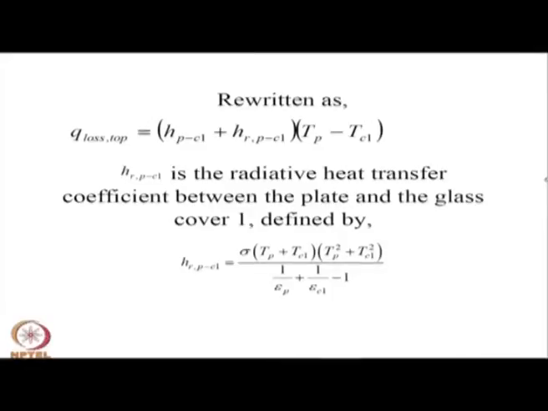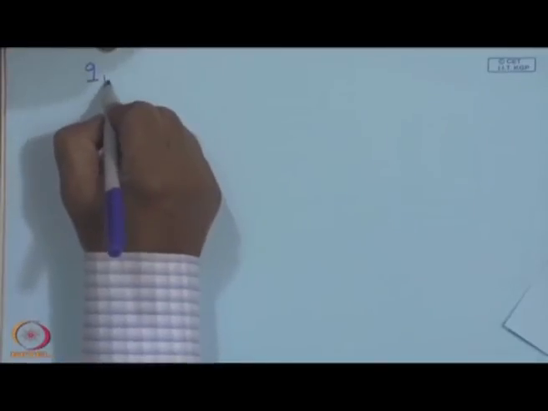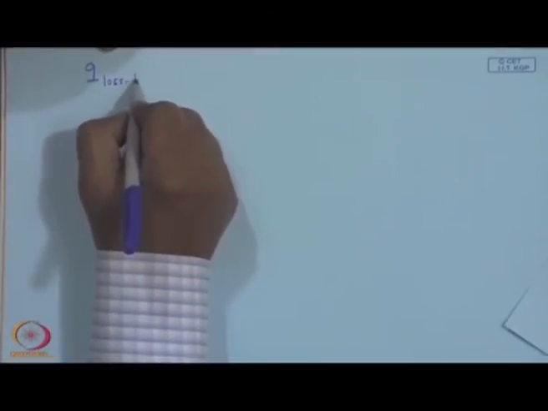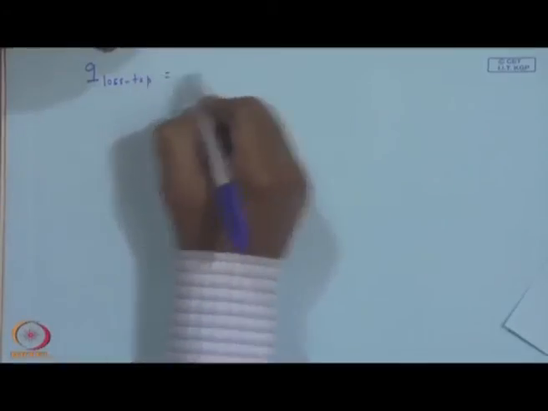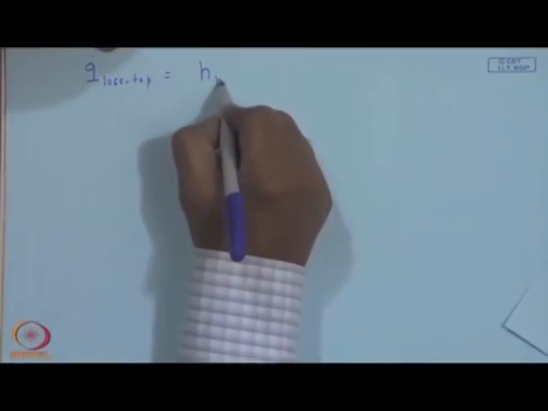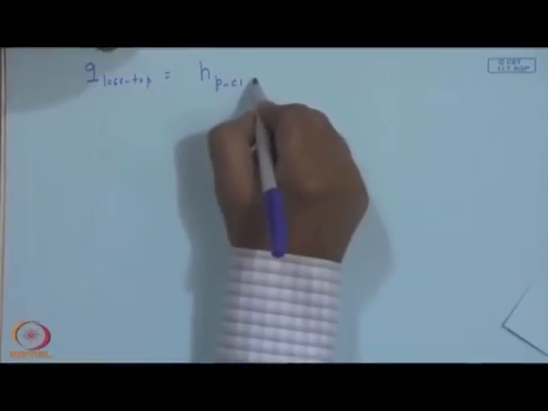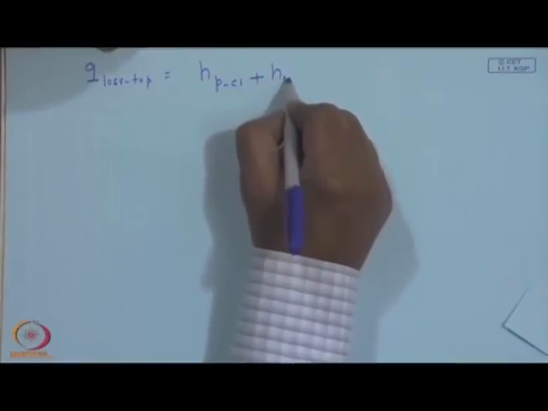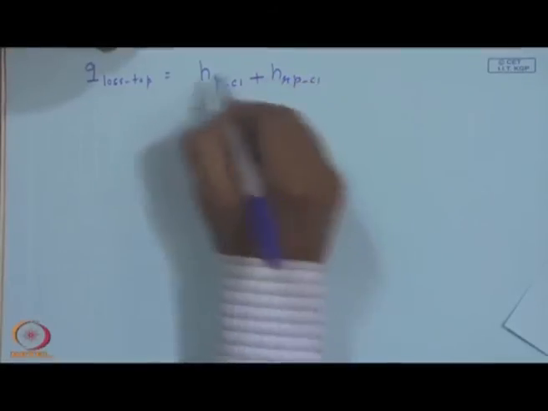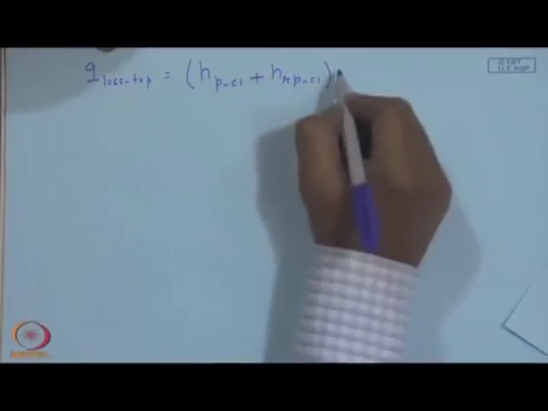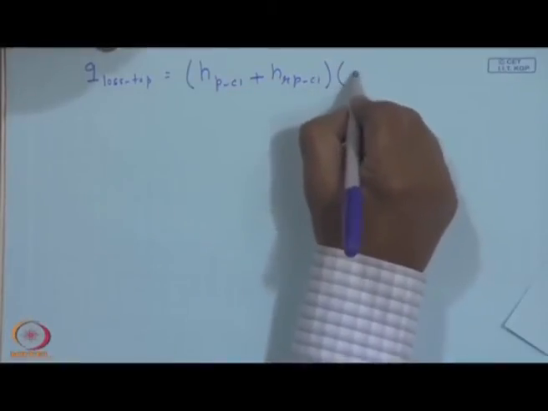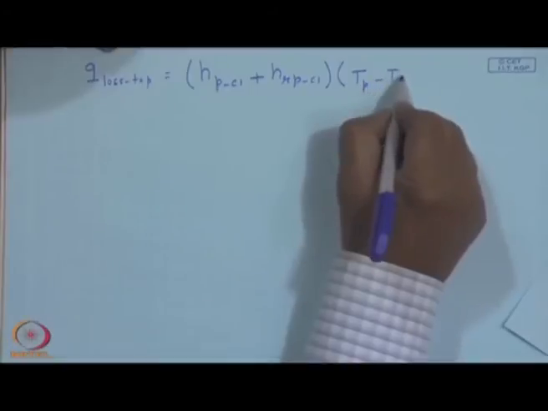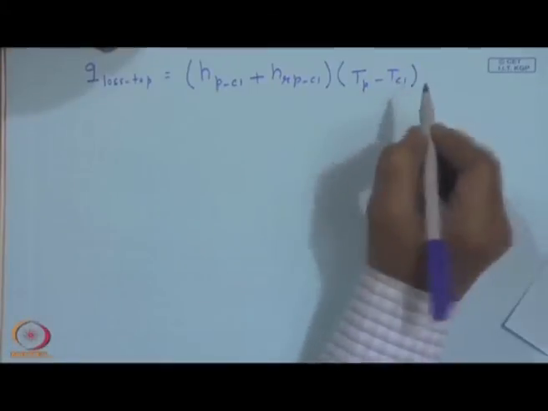So, this can be rewritten as Q loss top equals H P C 1 plus H R P C 1 into T P minus T C 1.